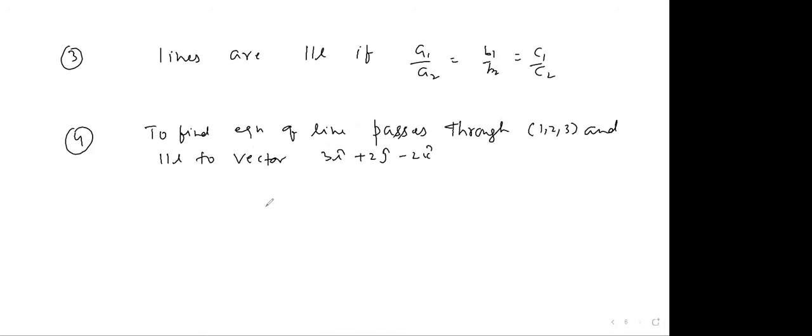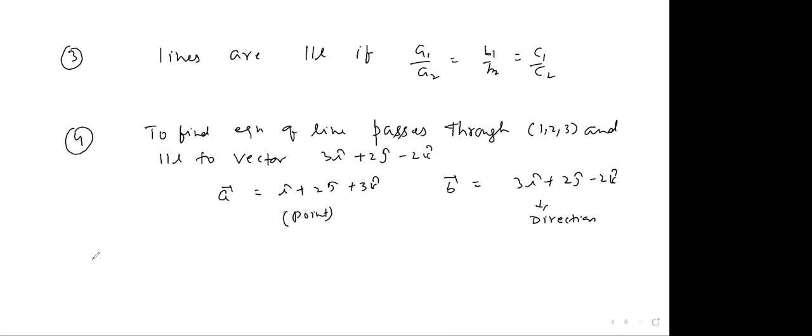This is very simple. So we have been given a vector, that is i plus 2j plus 3k, the position vector. And we have been given the b vector, 3i plus 2j minus 2k. This is the direction, and this is the point. 1, 2, 3 is the point.